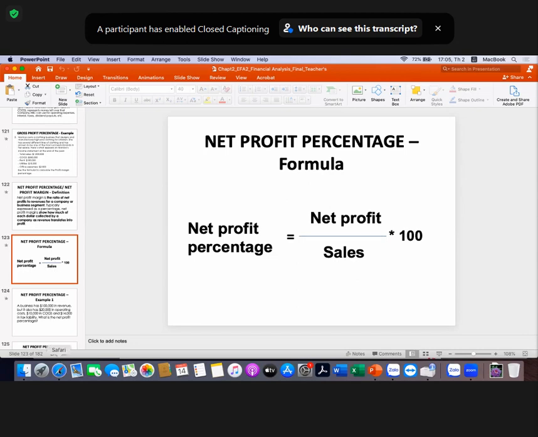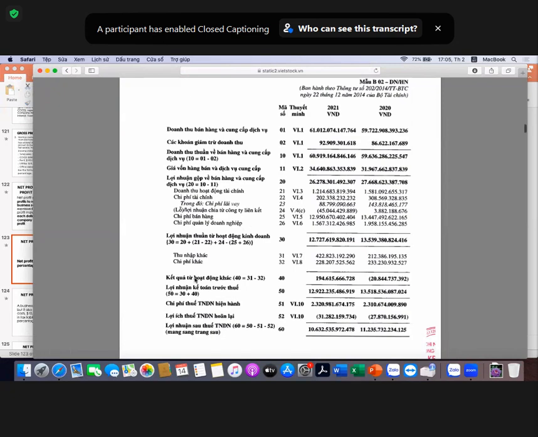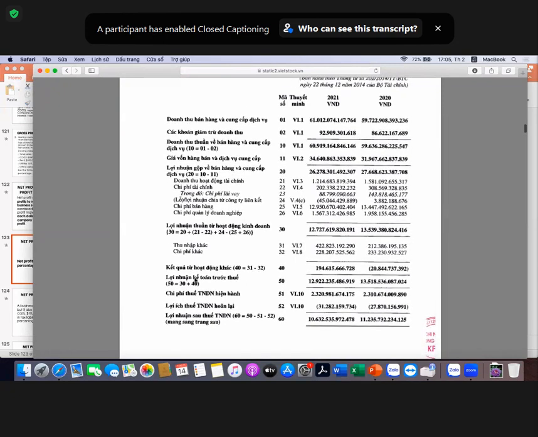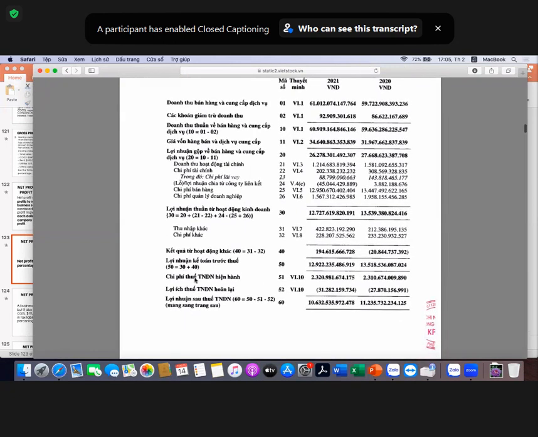So what is the net margin? What shows the net profits in this case? What is the net profit code number?